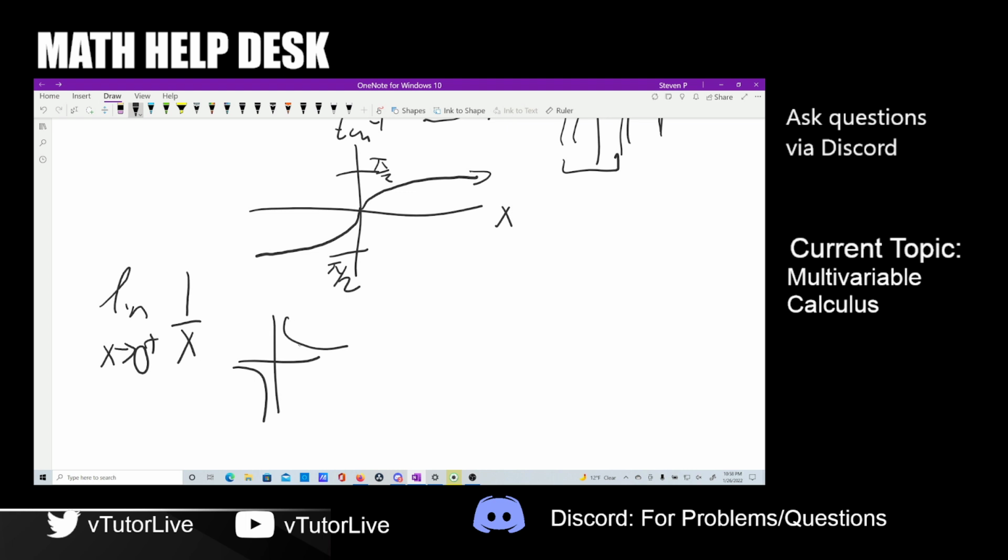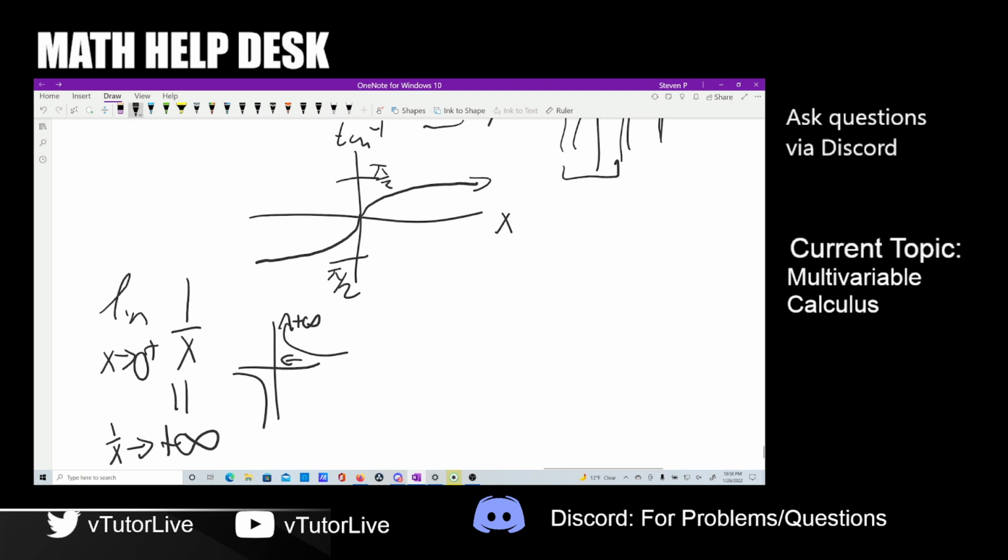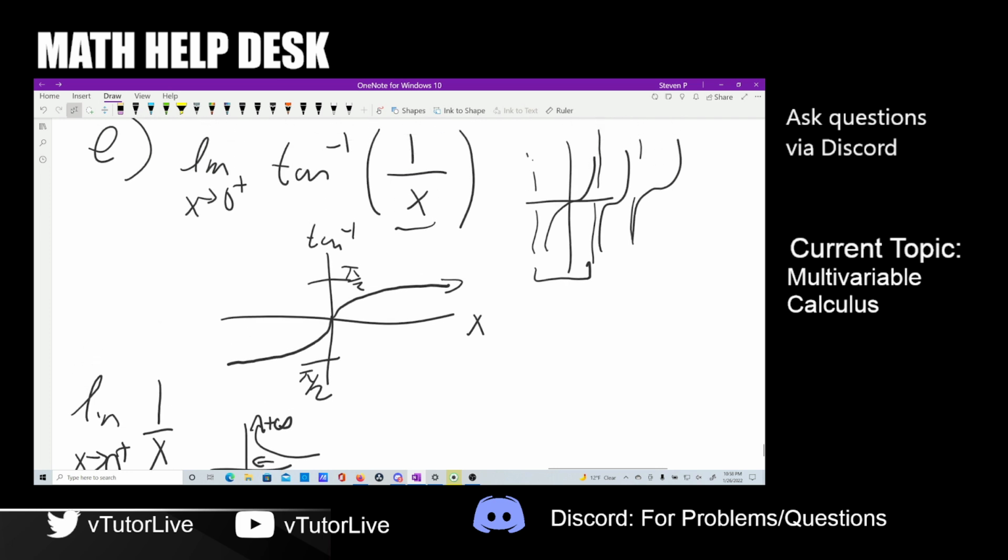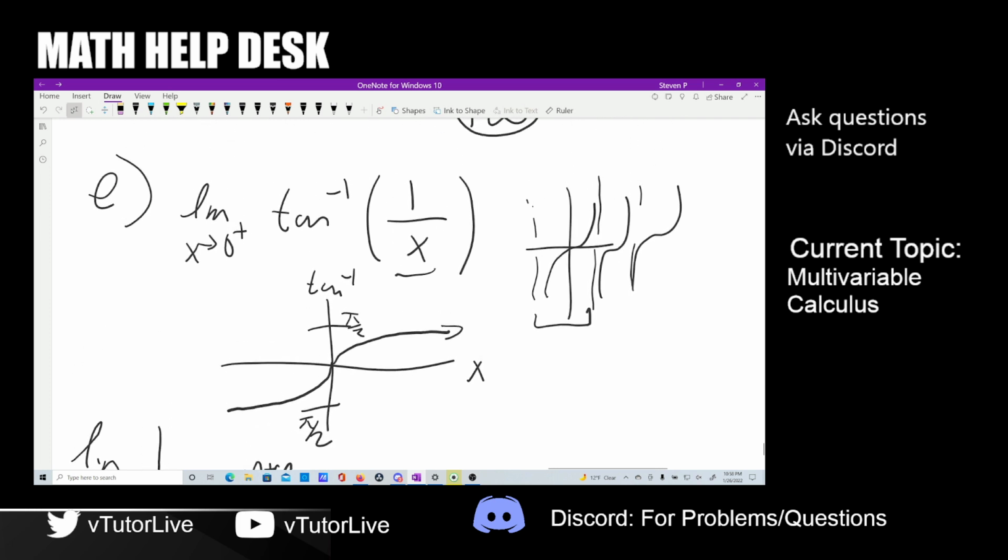And as it approaches 0 from the right, this is just positive infinity. So this limit is positive infinity. 1 over x is going towards positive infinity. So at this point, the question is basically saying that this thing on the inside is going towards positive infinity. What is arctan or tan -1 going towards?